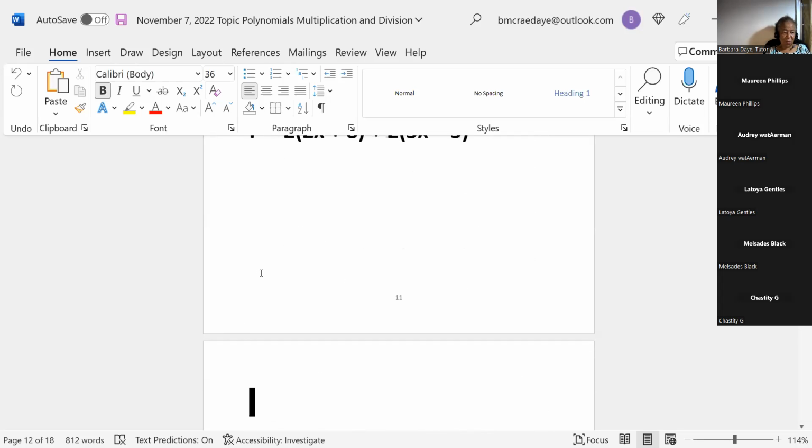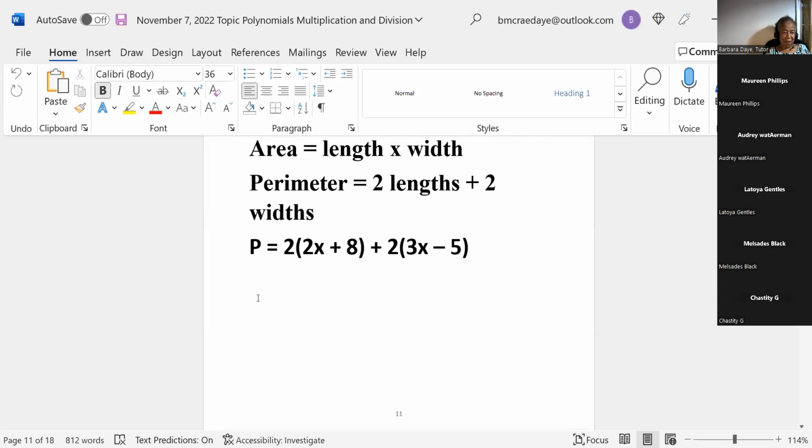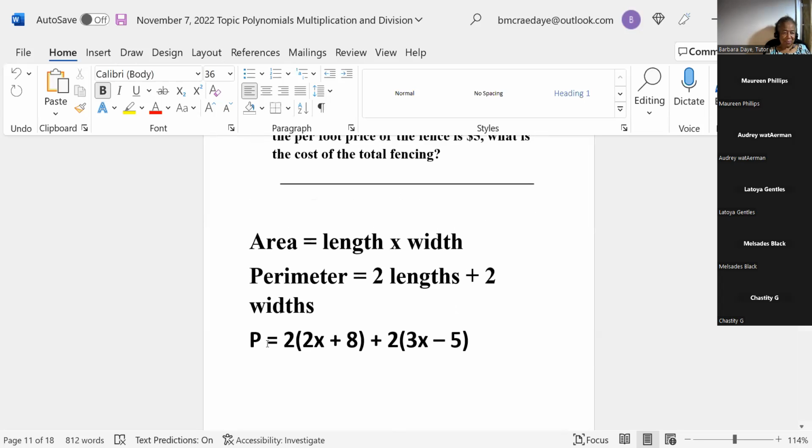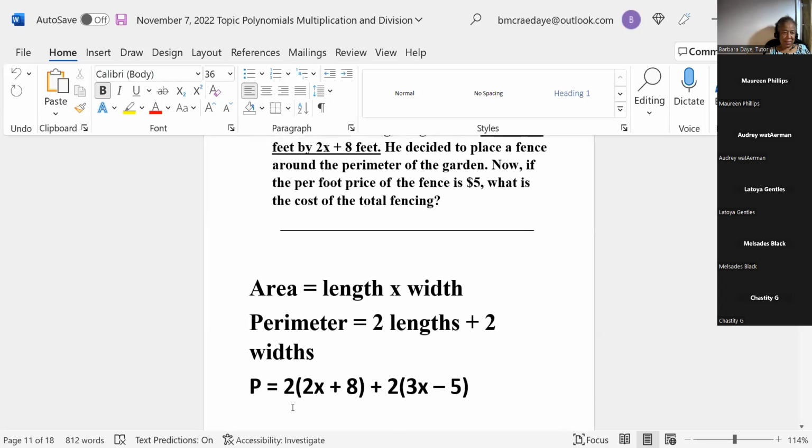All right. So I want you to multiply this out, add it, and then multiply your result by $5 because it's $5 a foot. So multiply this out and then multiply by 5. That would be your answer.